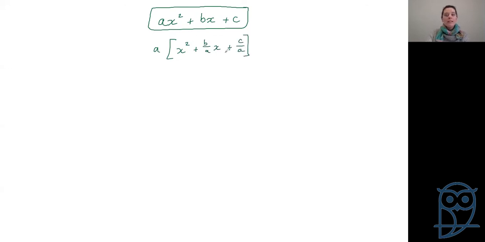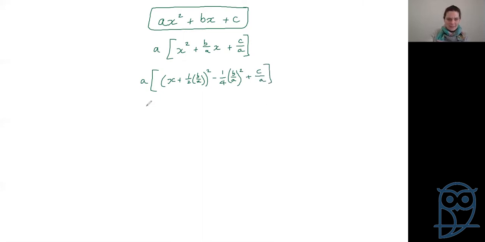Then we're going to complete the square on our normal plain quadratic on the inside, and then we can multiply our a back in. So, for example, if we actually do this, we would have a on the outside. We would have x plus a half times b over a, all squared, minus a quarter b over a squared, plus c over a.